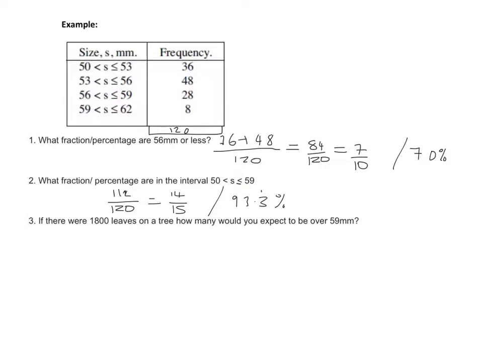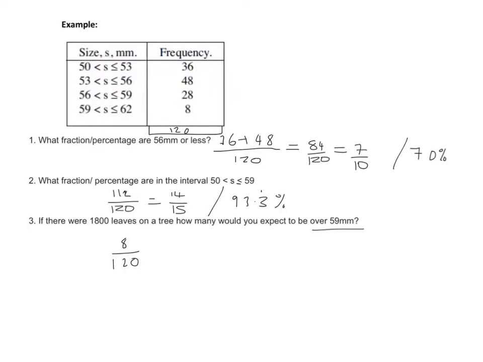Finally, part 3, if there were 1,800 leaves on a tree, how many would you expect to be over 59 millimeters? So again, we need to use the fractions. So we need to find what fraction were over 59 millimeters. That's going to be just this group. That's 8 out of 120.